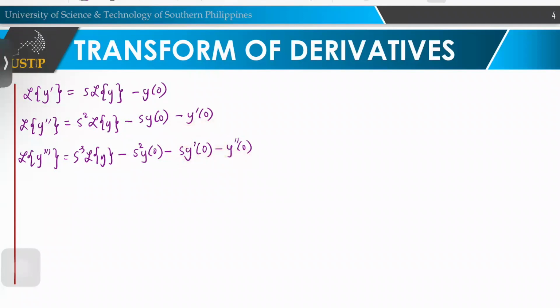So if we have to guess, the Laplace transform of the fourth derivative of y must be something like s to the fourth times the Laplace transform of y, minus, for sure, y of 0, but the s that multiplies it is s cubed.